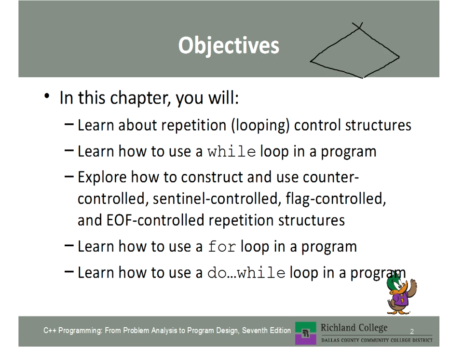If you look at the basic flowchart shape, in looping we have to have the primer. I'm just going to call that P. Then we have to have a logic.